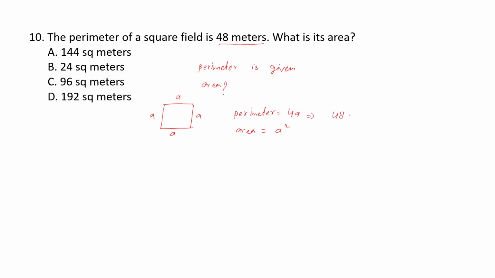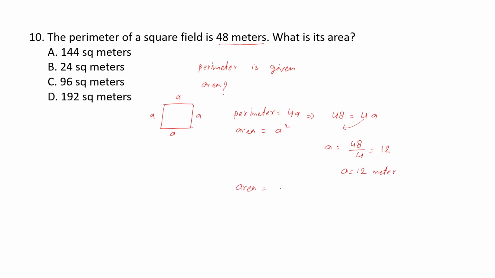Perimeter is 48. So 48 is equal to 4 times A. A you have to compute. So this 4 into A, you just take this 4 to this side. So A will equal to 48 upon 4 and that is equal to 12. So A is equal to 12 meter. Now you have to compute area.